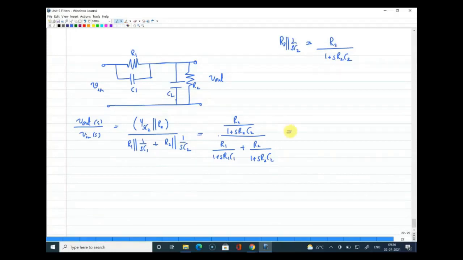So when you simplify this further, I hope you will get 1 plus SR2C2 both in the numerator and denominator. This will get cancelled, and the rest of 1 plus SR1C1 will come to the numerator, divided by R1 multiplied by this term plus R2 multiplied by the other term, SR1C1.